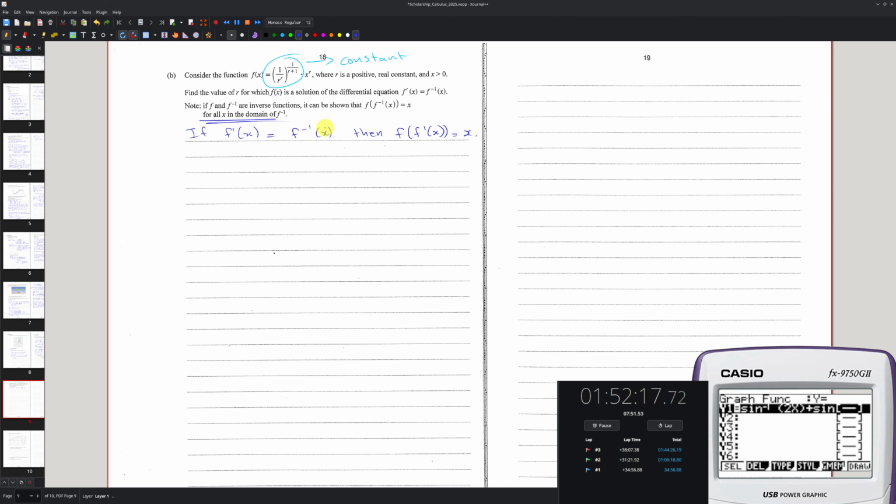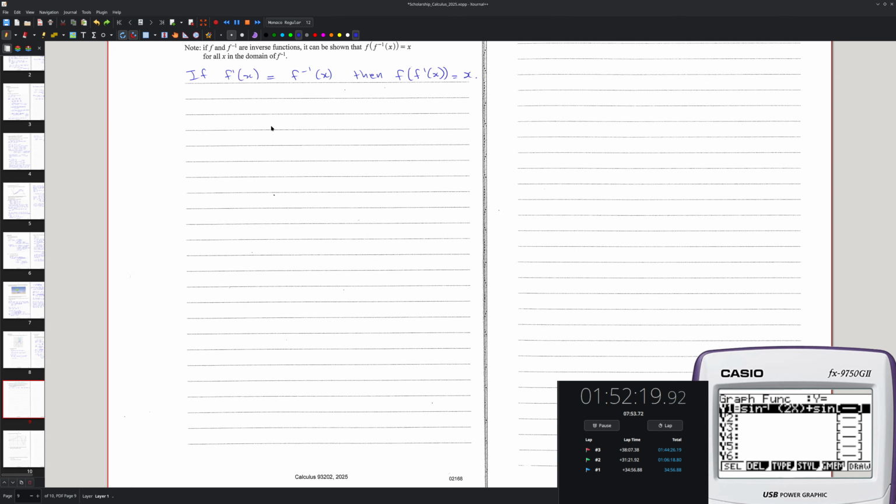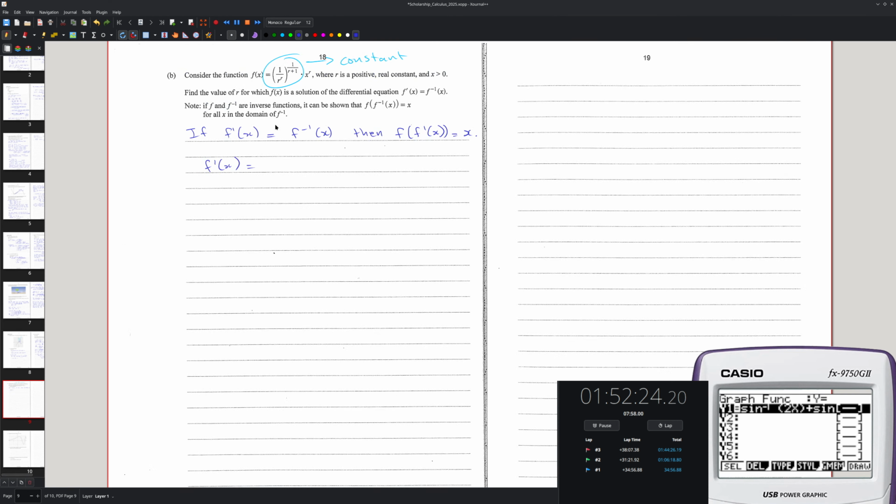Because that's what they told us. So we use what they tell us, right? So f prime of x is equal to r times 1 over r to the power of 1 times x to the power of r minus 1. Yikes.